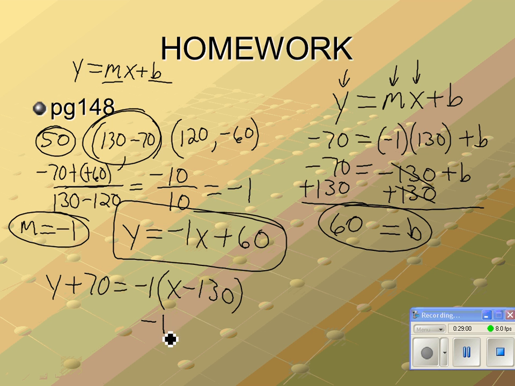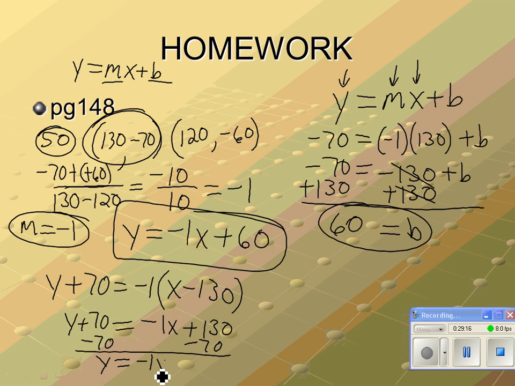We do that by distributing. Then we got to subtract 70 on both sides. So you end up with y equals negative 1x plus 60. That same thing we got doing it the other way? Yeah.